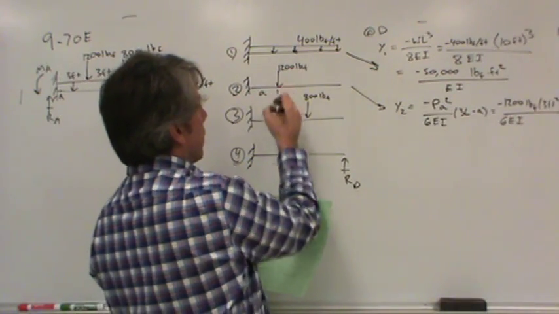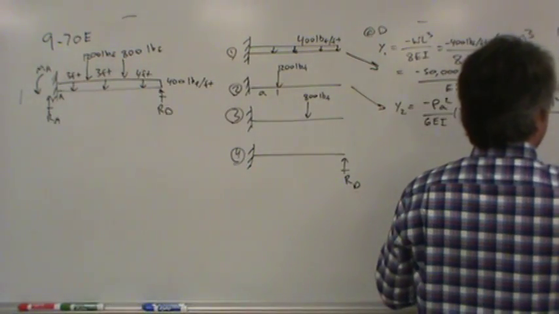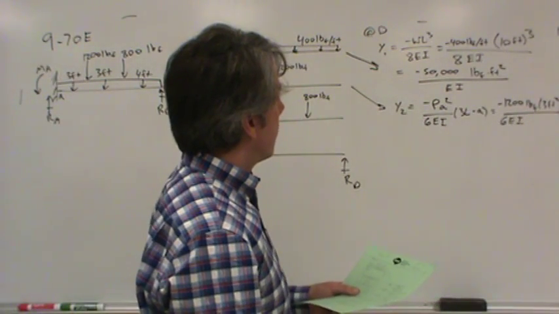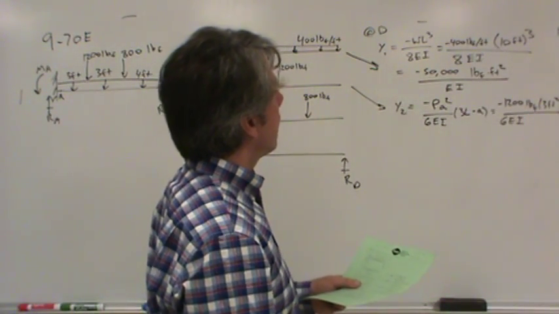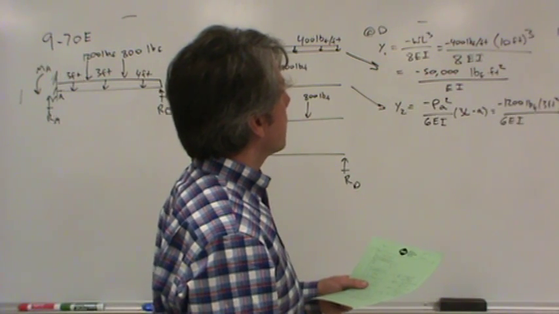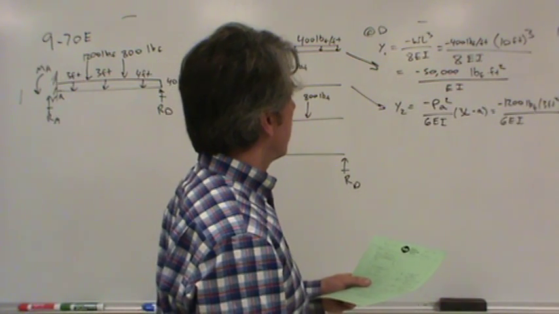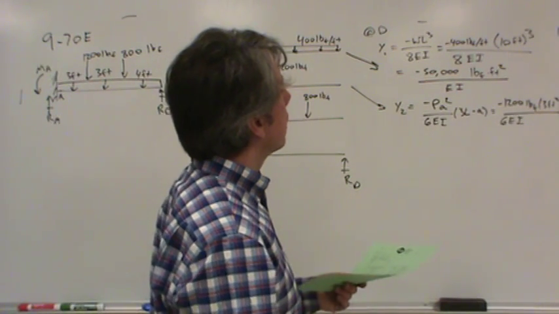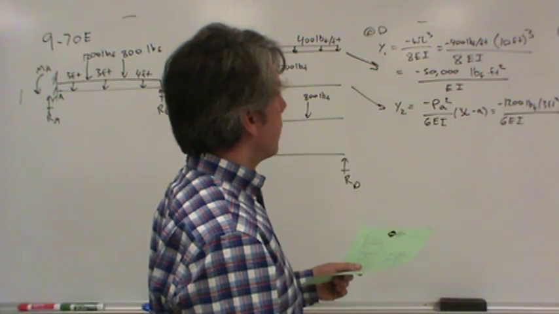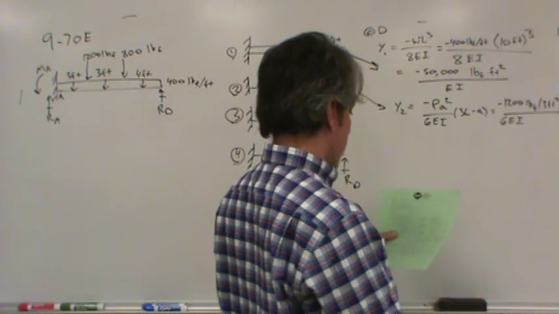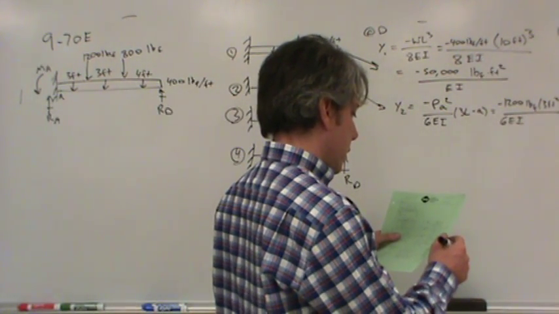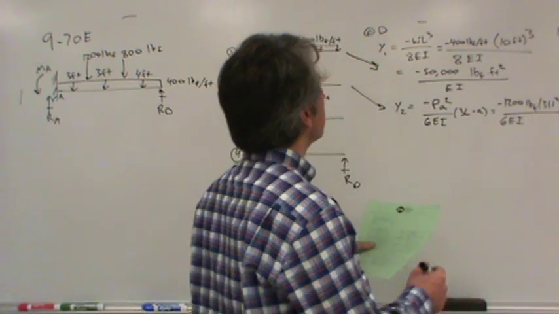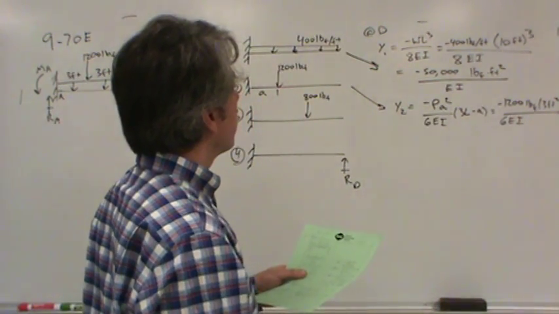So that's just 3 feet. Let's see, I expect to get the same units. What am I doing wrong? I expected to get pounds force feet. It looks like I'm going to get pounds force feet cubed. I have to get the same units. Hang on, we'll figure it out.